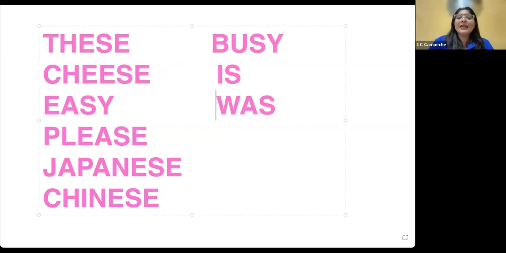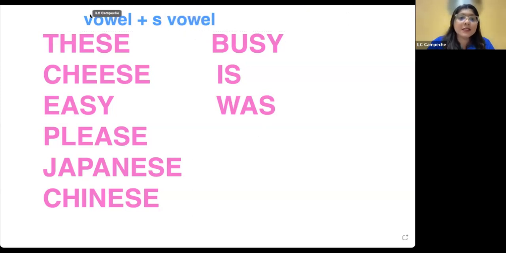Now, the thing here is that there's no general rule that I can say, oh, always U and S are going to be Z. Oh, no. But what I can tell you that might help you is that very, very often, when you have vowel, S, vowel, it is going to convert into a Z sound.